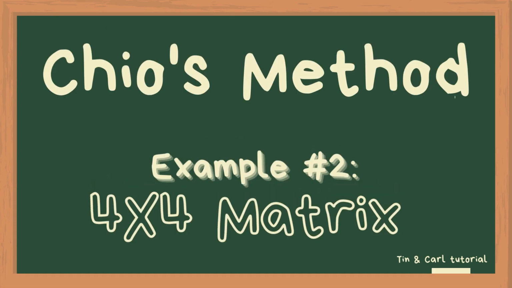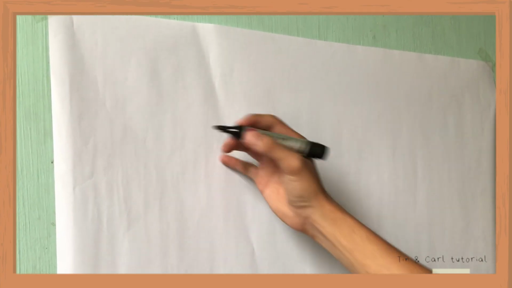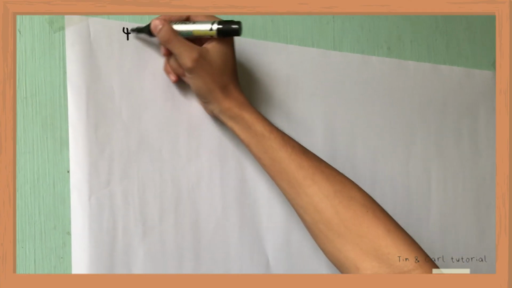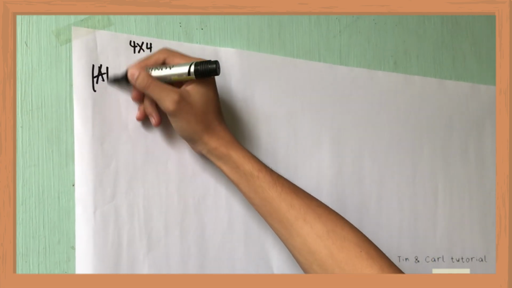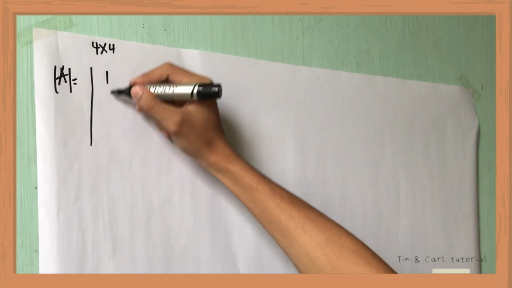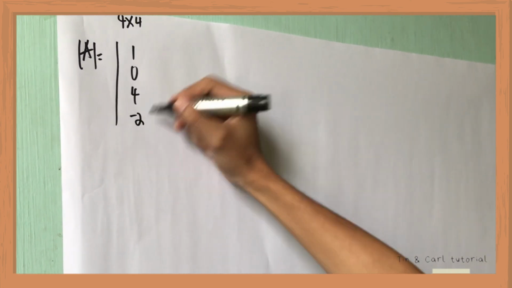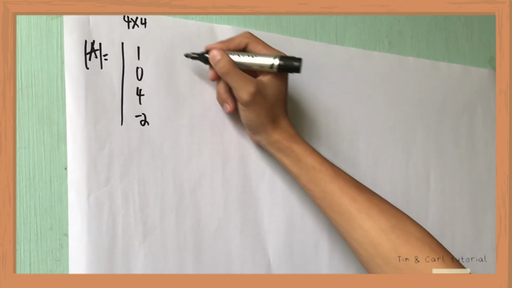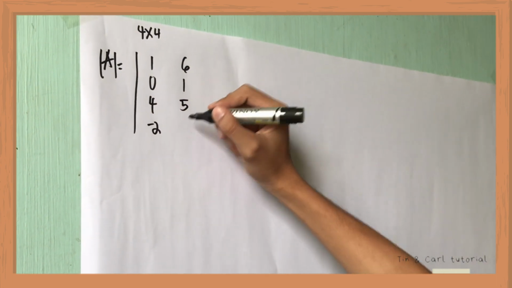Example number 2 is a 4x4 matrix. So, next na kukunin naman natin ay 4x4 matrix. So, value natin is 1, 0, 4, and negative 2. 6 and 6, 1, 5, and 4.